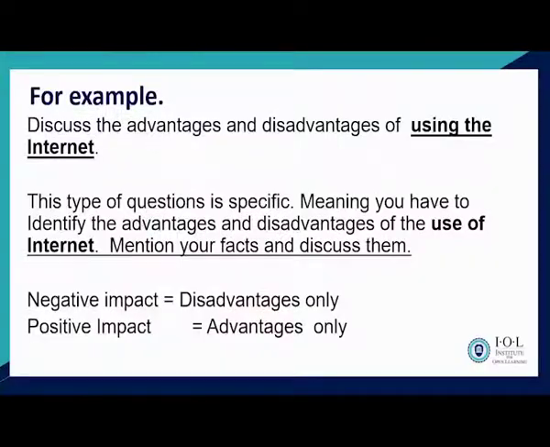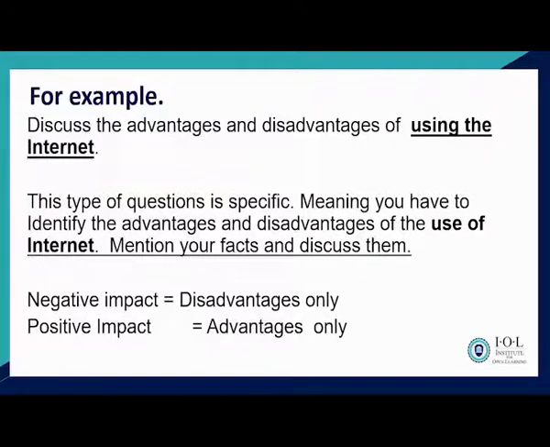First of all, you write the advantage. For example, you talk about the advantage of using the internet. I can say e-learning. Number one, e-learning. Then I have to discuss it and give examples. Another one, electronic banking.